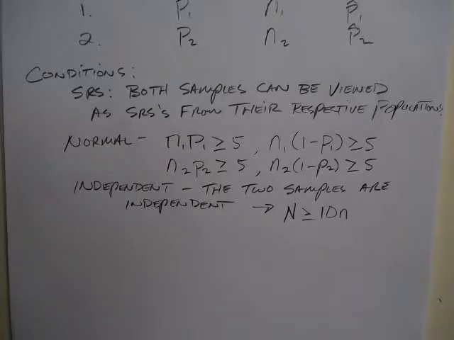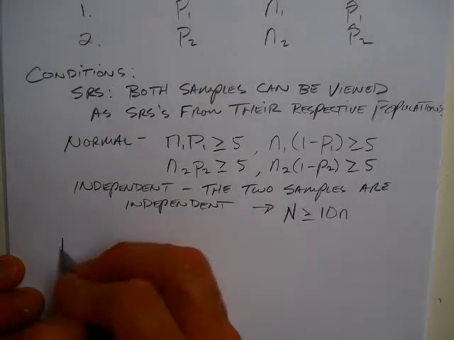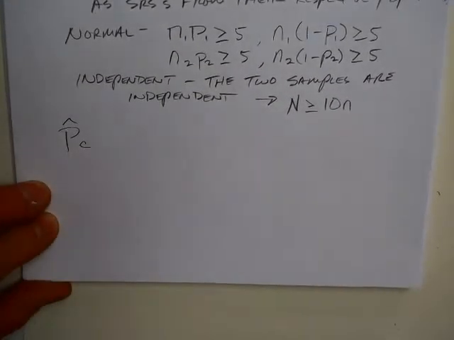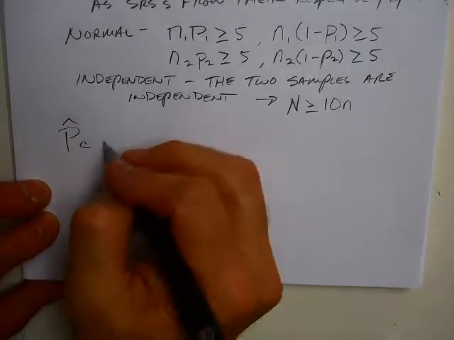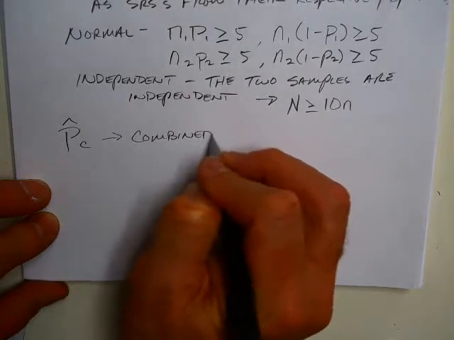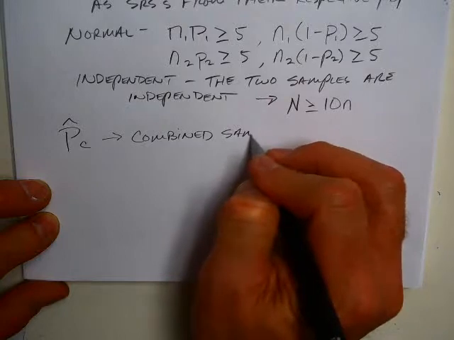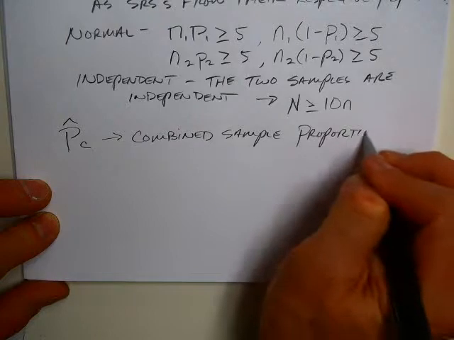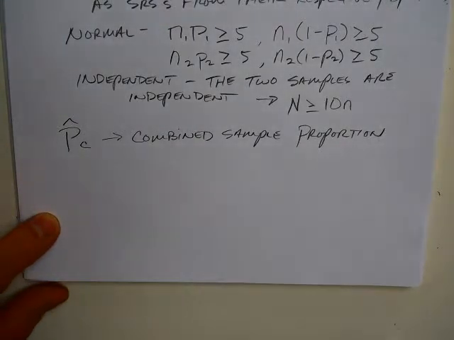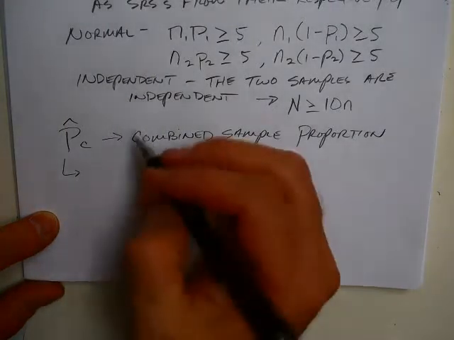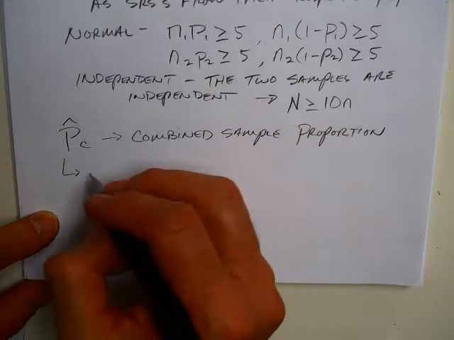And we get to learn a new letter here. P hat C. P hat C is our combined sample proportion. What it is when we put our P hat 1 and our P hat 2 together.